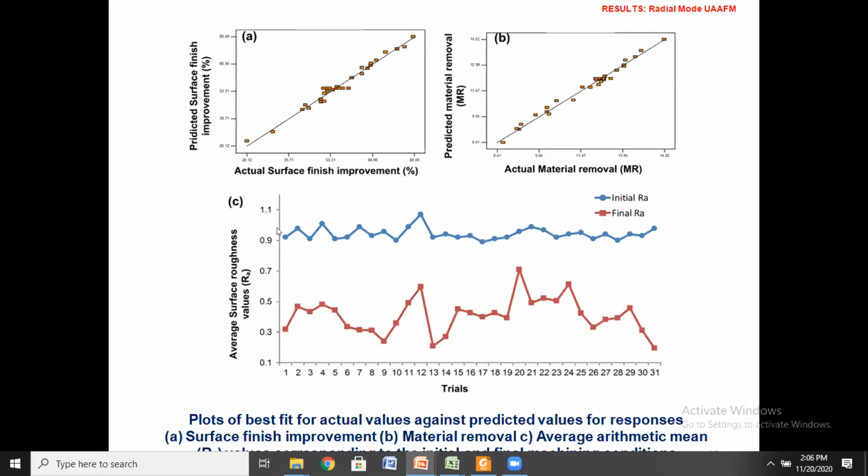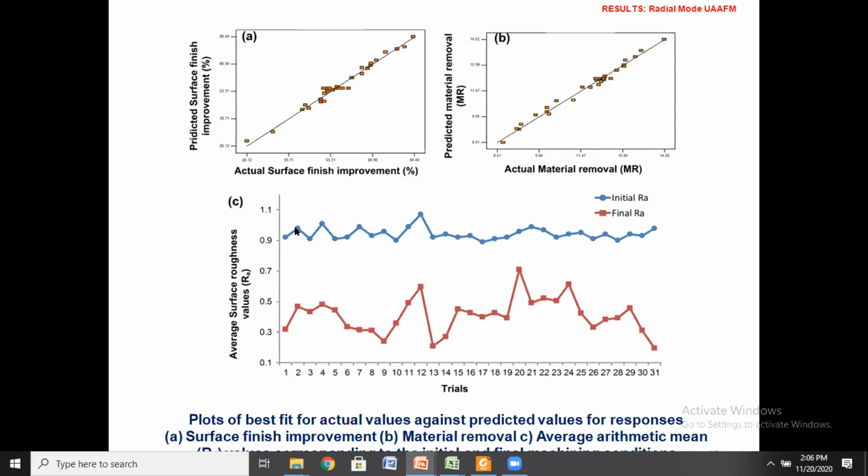Right? So coming to figure C here, I tried to plot the RA values actually. So instead of percentage delta RA, the RA values were plotted. The blue color shows the initial RA and the red color shows the final RA values, and the percentage difference has been evaluated in the RSM, right?